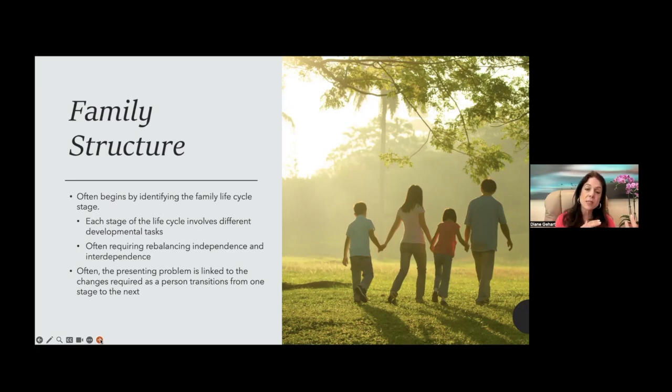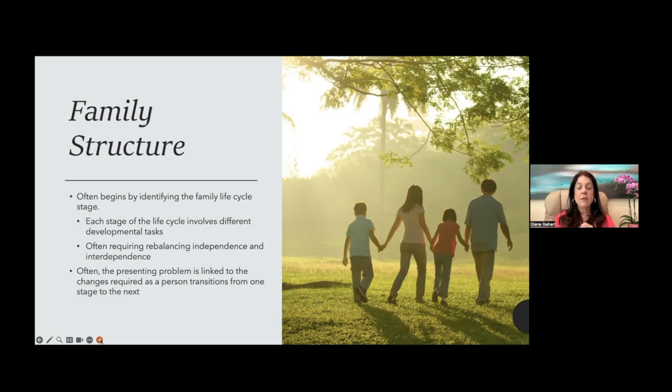How much closeness versus freedom do we have in this family system? And are we able to rebalance it at each stage along the way as the family grows, to take care of the needs of each of the individual members, both the parents and the children and extended family members?